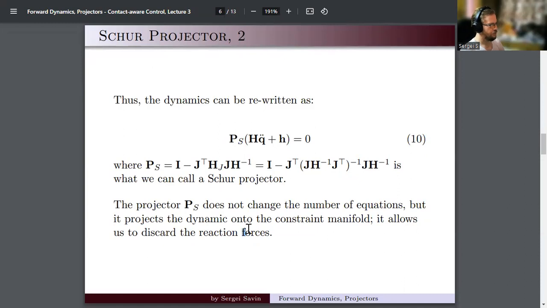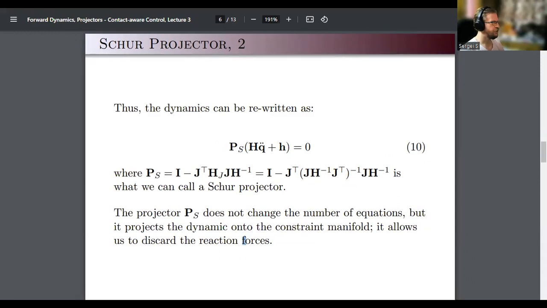Any questions about what we see here before I move on? Yes, Professor. Go ahead. So here we have projecting from Rn to the manifold. The projector is from Rn to Rn. How should I put it?